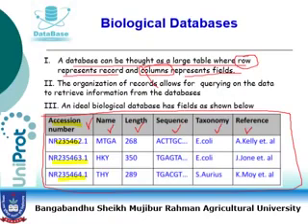An ideal biological database has fields as shown below that we already mentioned: accession number, name, length, sequence, taxonomy, along with references.